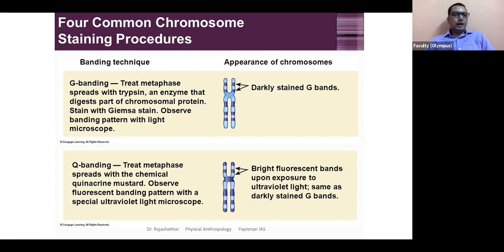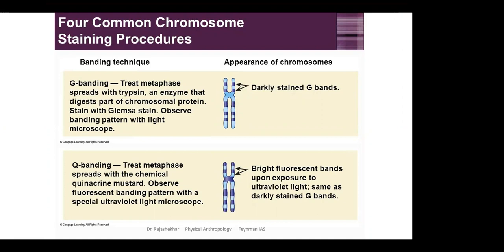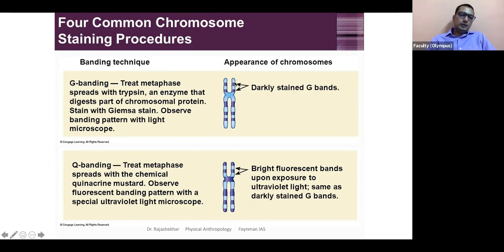Heterochromatin is the highly condensed region, and highly condensed regions take more stain. So the regions that you are seeing here in the images are highly condensed regions.